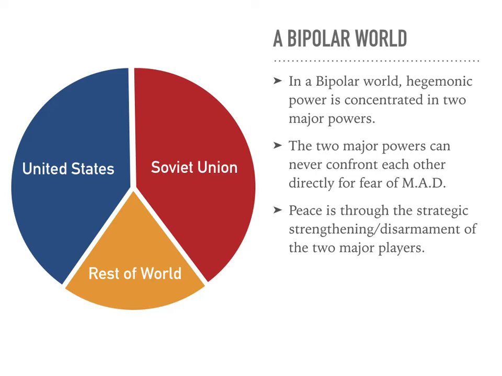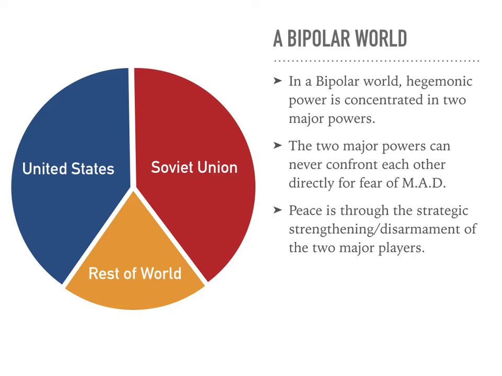Now, the 2 major powers can never confront each other for fear of mutually assured destruction, MAD. If the Soviet Union and the United States engage each other militarily directly and you get a war, that is a war that is unwinnable for either side. And the US and the Soviet Union inevitably will destroy each other.